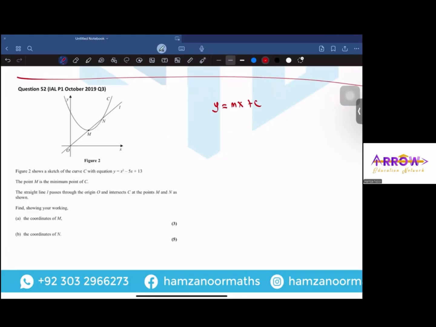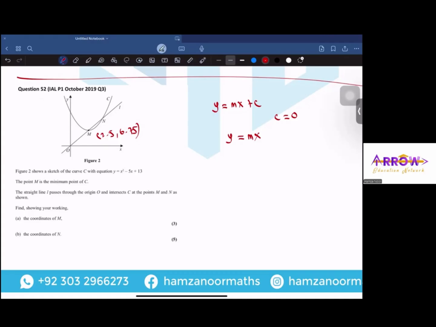All right, so as we can see that the line is passing through the origin, c is equal to 0, meaning the line L is in the form y equals mx. And as we have established that the coordinates of M are (2.5, 6.75), and since the point M lies on the line L, this means that we can find the value of the gradient of the line L. Agreed?